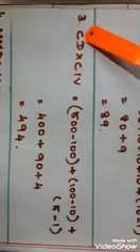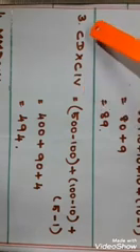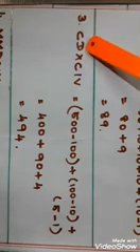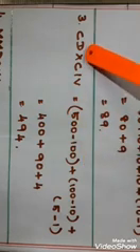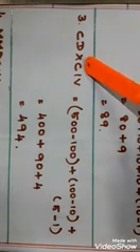Next, CDXCIV. Value for C is 100. Value for D is 500. If a smaller numeral appears before a larger numeral, it should be subtracted. So 500 minus 100, and value for X is 10. Value for C is 100.